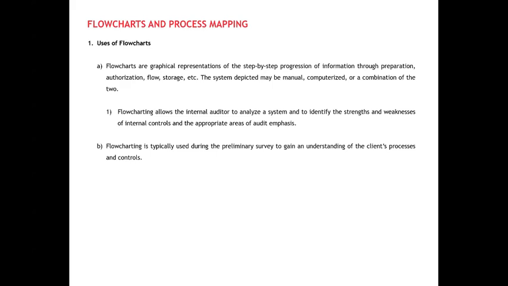Is it a database, an electronic file, or some manual document, a box file? All that information is given in a flowchart.